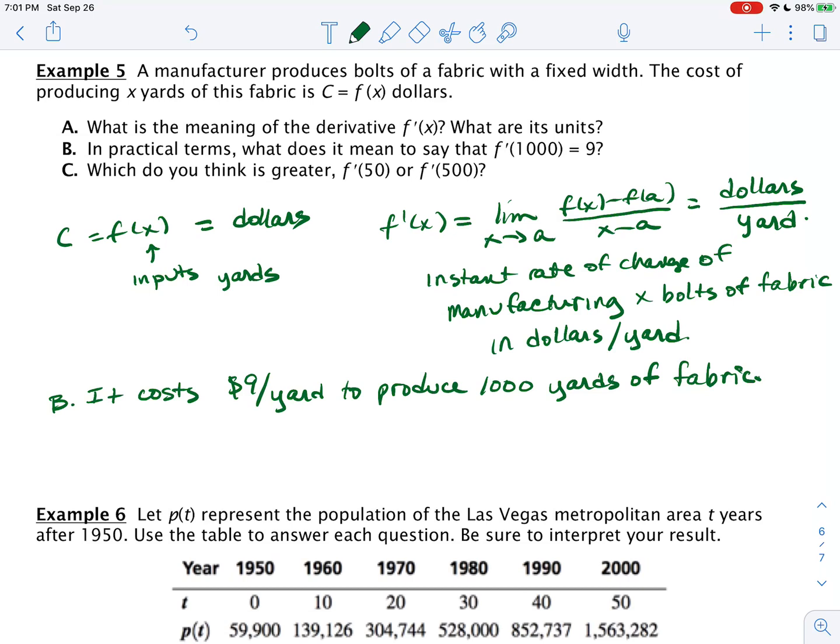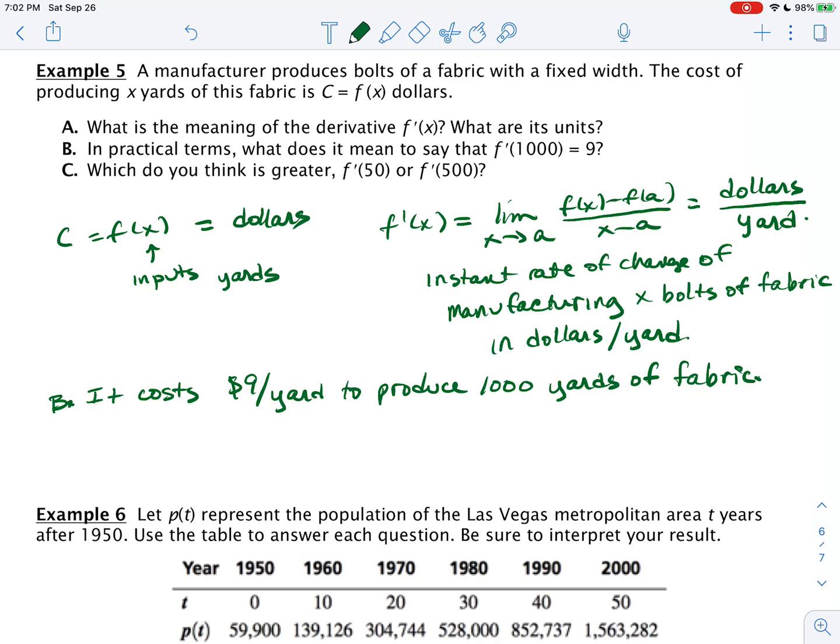And you'll learn later on that they define the derivative of the cost function as the marginal cost function, and the marginal cost function is the derivative of the cost function. Good. Part c, which do you think is greater, f prime of 50 or f prime of 500?